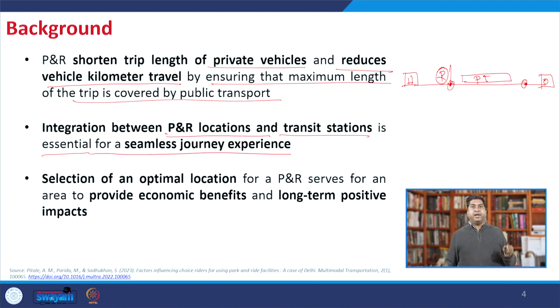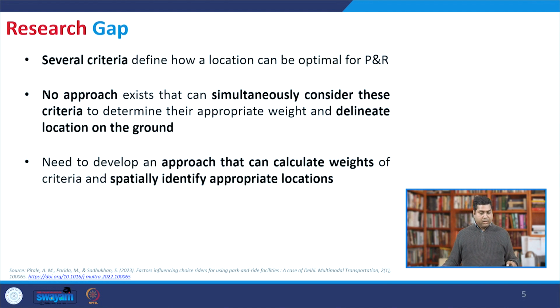And if it is planned with a small size but has high demand, then there will be some sort of missed opportunity. Selection of an optimal location for park and ride serves an area by providing economic benefit to the user and the operator, and a long term positive impact. So that is very important, that is the background.